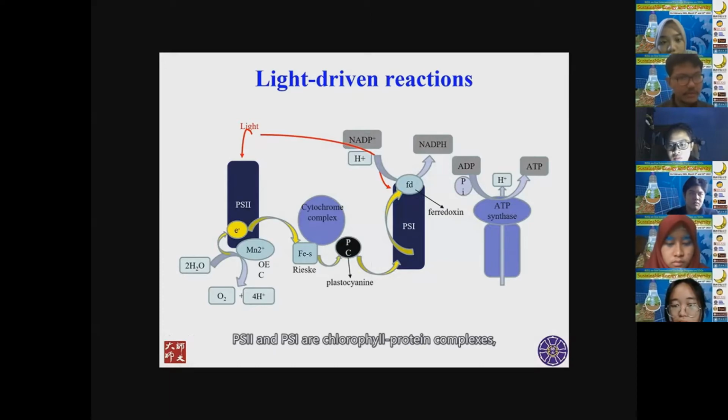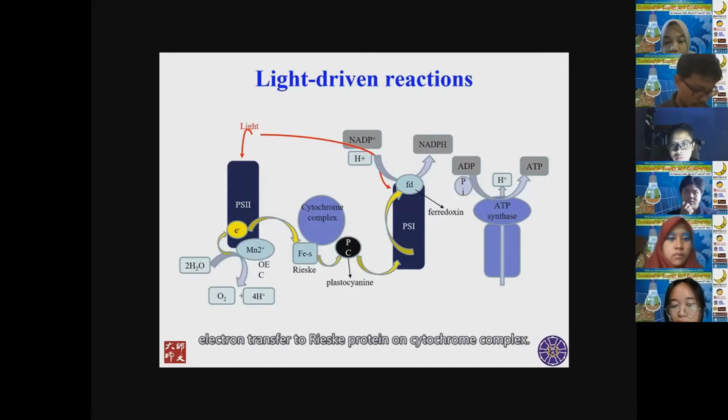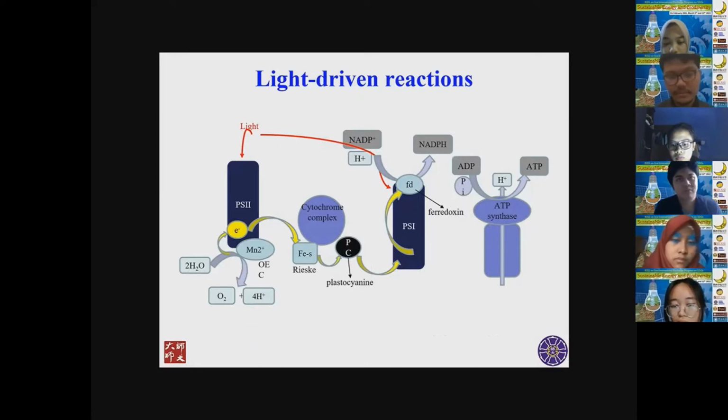PS2 and PS1 are chlorophyll protein complexes, which can collect light energy. PS2 has an OEC complex, which contains manganese ions, can split water into oxygen, hydrogen ions, and transfer electrons. Electrons are transferred to a protein on the cytochrome complex.